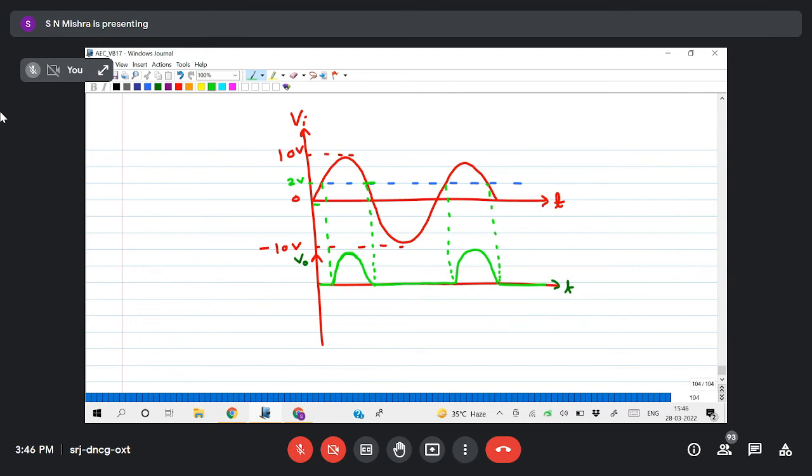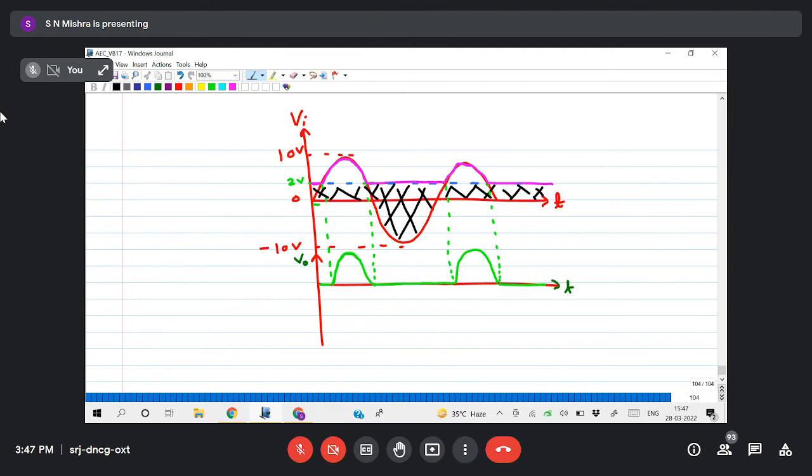Understood? So basically what we are detecting is this one. This part below that, this pink line, it is cutting. So I can say this part is actually cut. Yes or no? This part is actually cut.